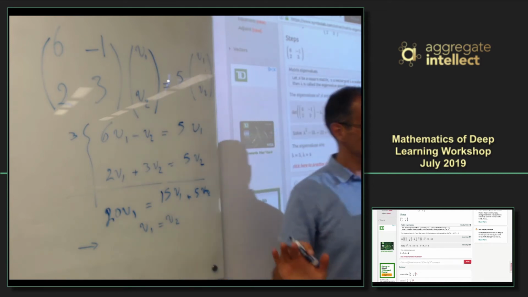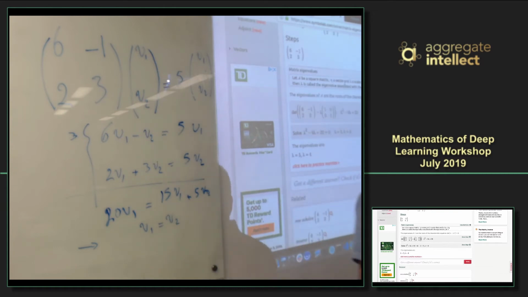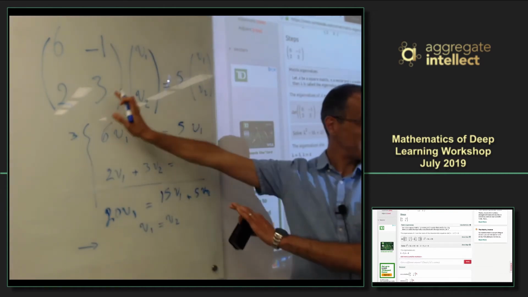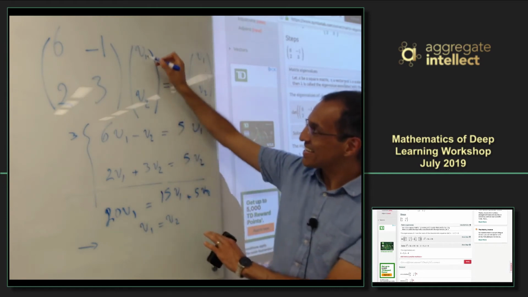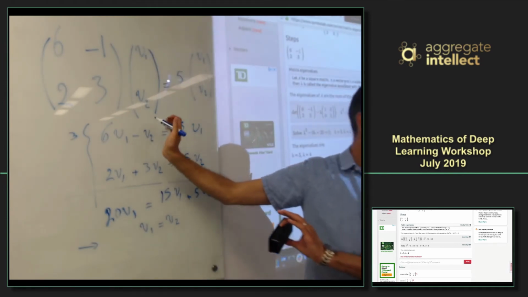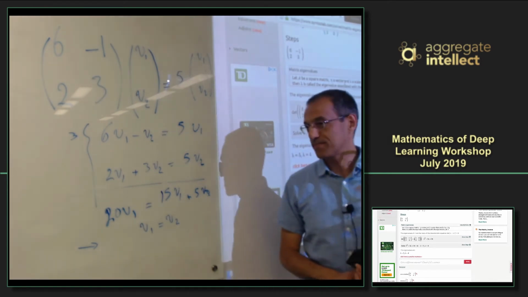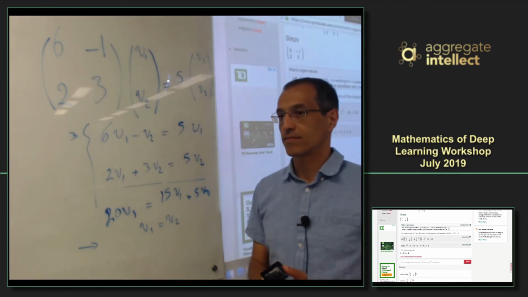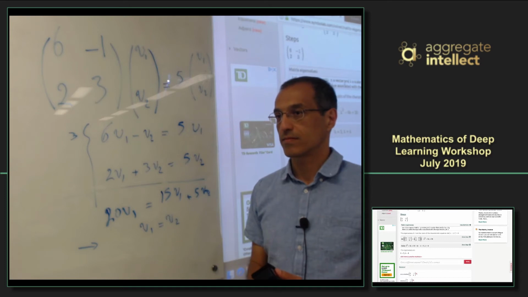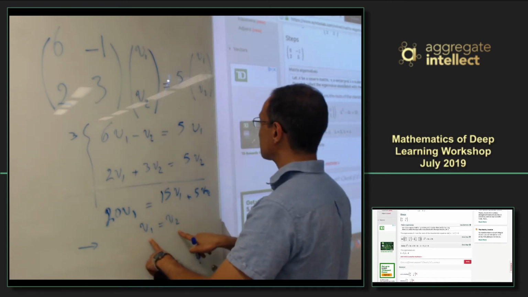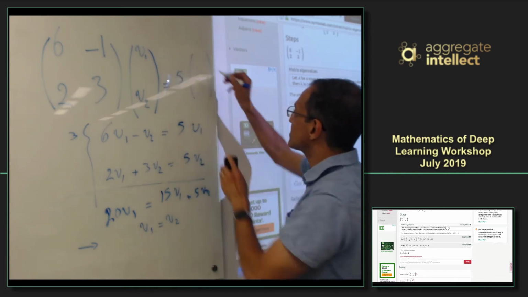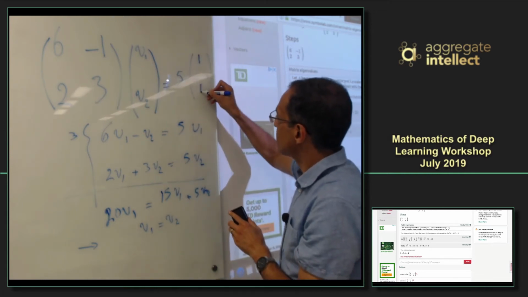But if we know how to do multiplication and solve the equation, we can solve this, and that gives us v1 and v2. Both of these are equal, so they're both 1/√2. Of course, v1 and v2 are the same, so this is 1 and 1.